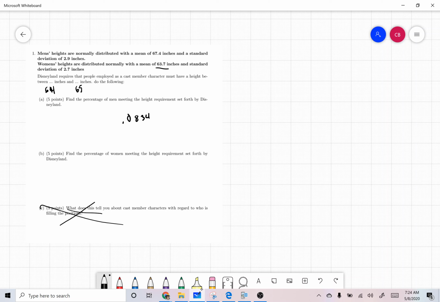we're going to use their standard deviation and mean, 63.7 and, I'm sorry, 2.7.